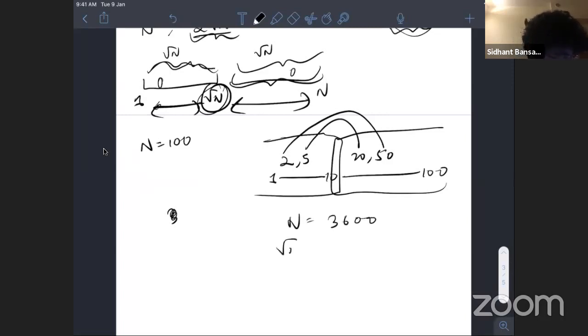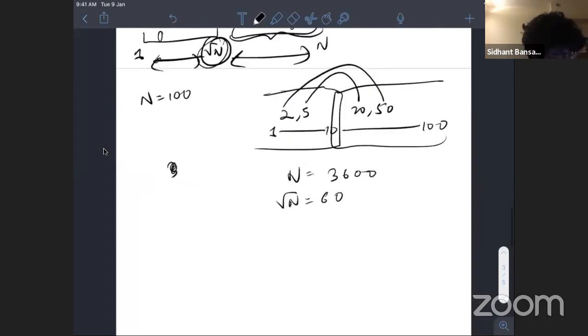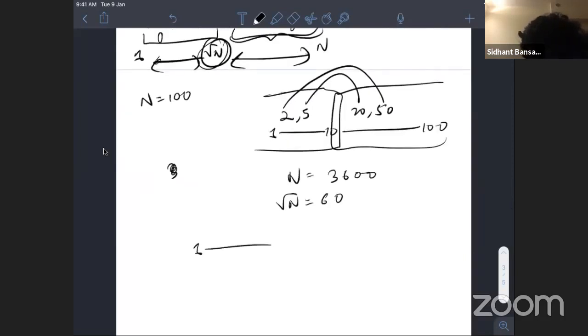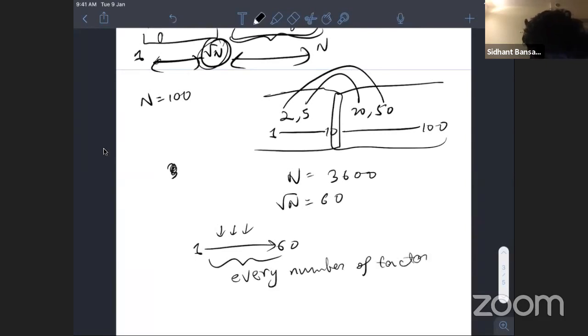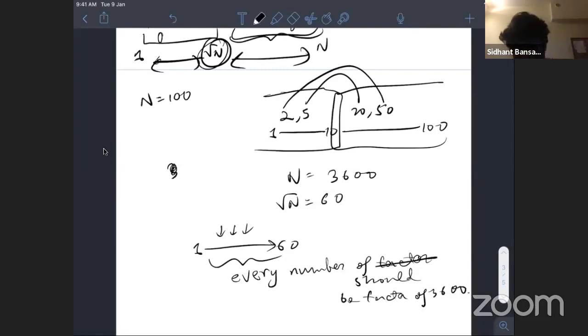What's the square root? 60. So what you want is that from 1 till 60, every number should be a factor of n. Every number should be a factor of 3600. Only then you'll get something like 2 square root n factors. Now you can easily notice that this is not going to be true.